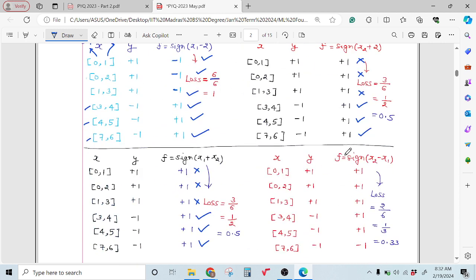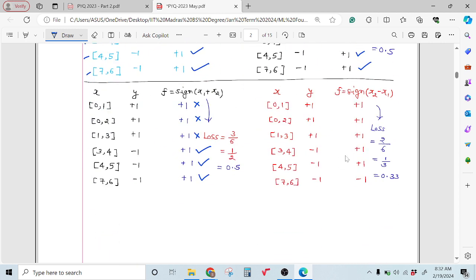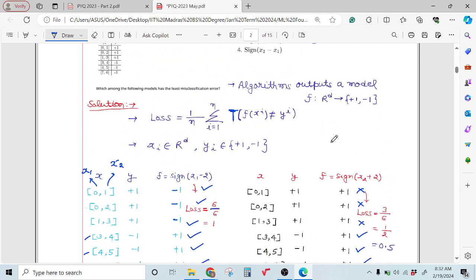Similarly, for the fourth, loss is equal to 2 by 6 because only 2 outputs are deviating from our actual output, which are this and this. All others are exactly matching our actual output. So 2 by 6 or 1 by 3, which is equal to 0.33.